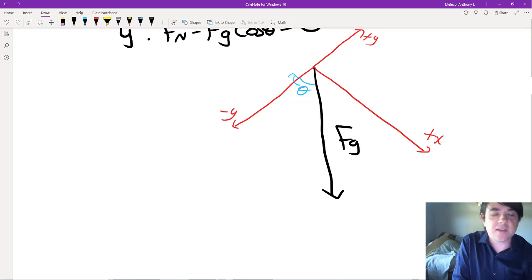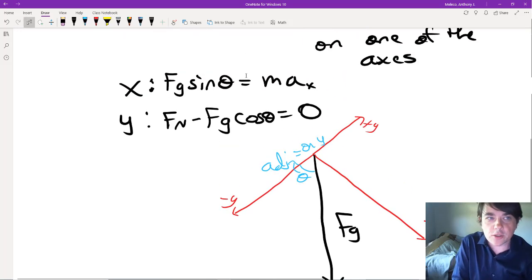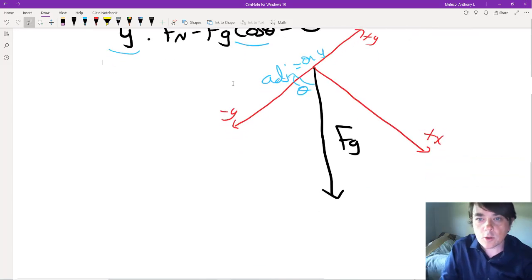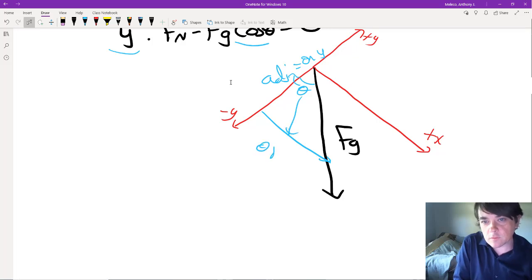And so the adjacent side over here is on the y, and that's why we put cosine right here in the y, because it's the adjacent side, and adjacent is cosine.